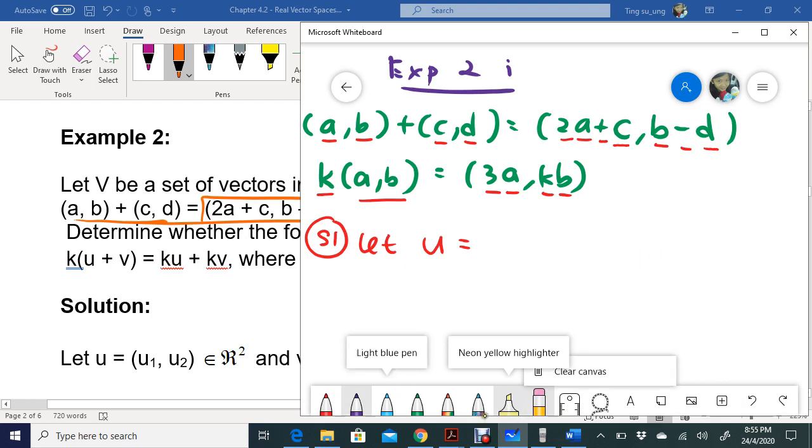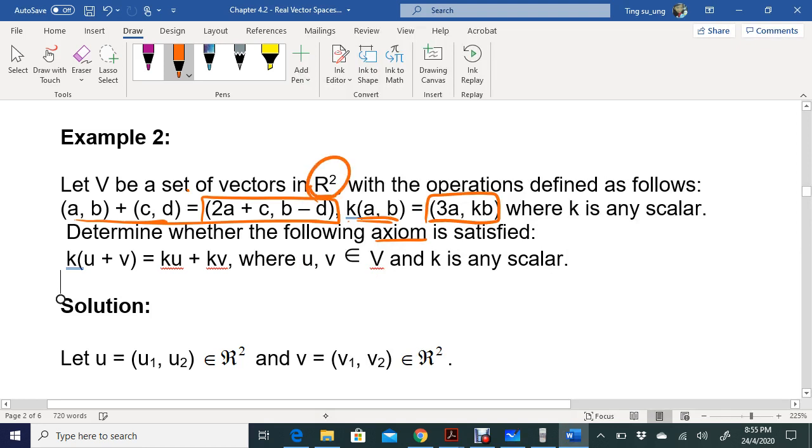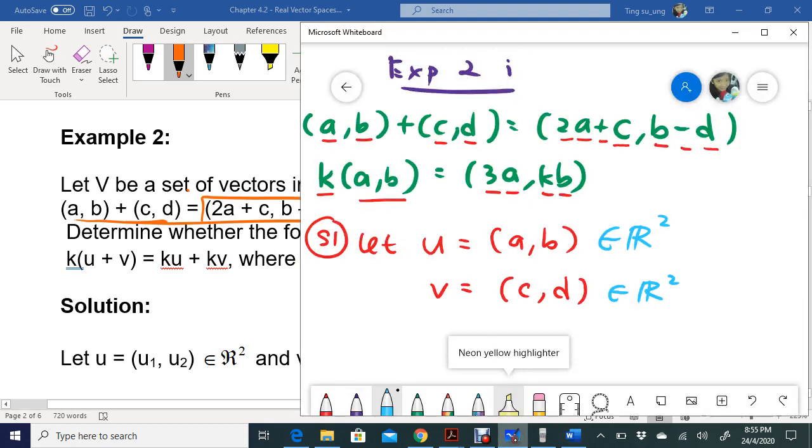So no worries. Let U be (a, b) and V be (c, d). And don't forget to highlight that they are elements of R square, because the question says R square. Is it okay? Okay, let us continue.